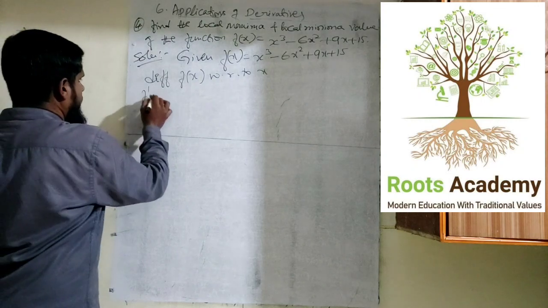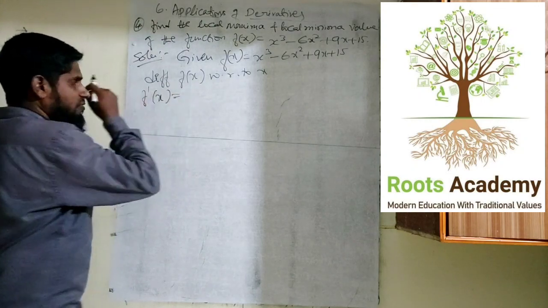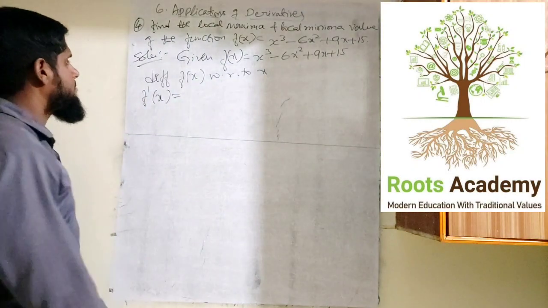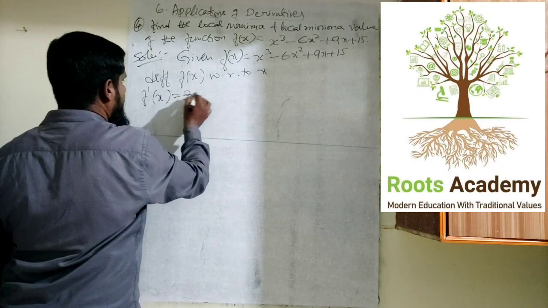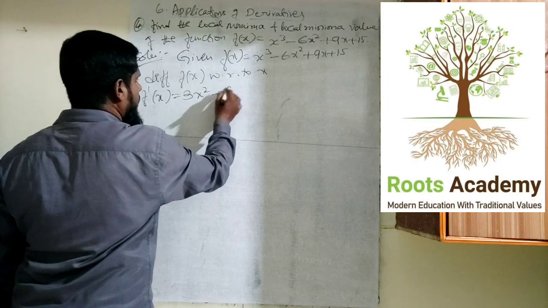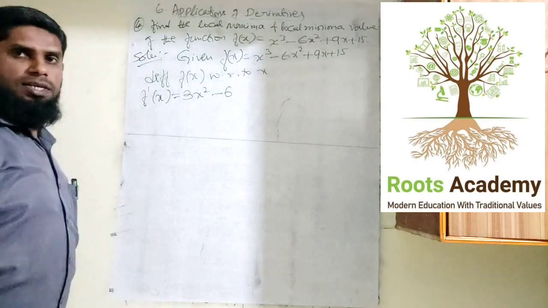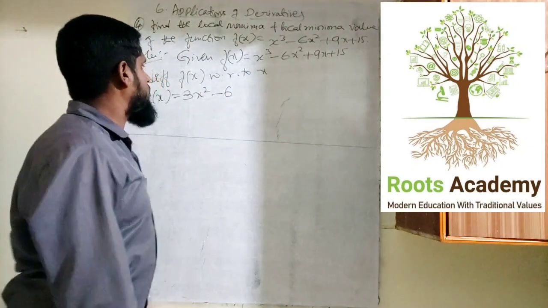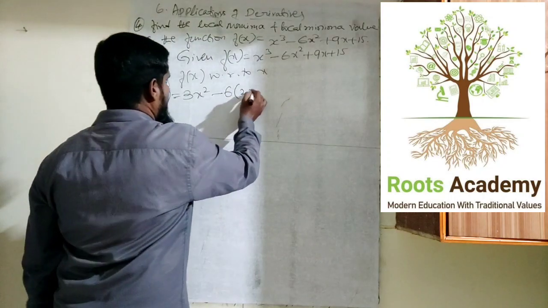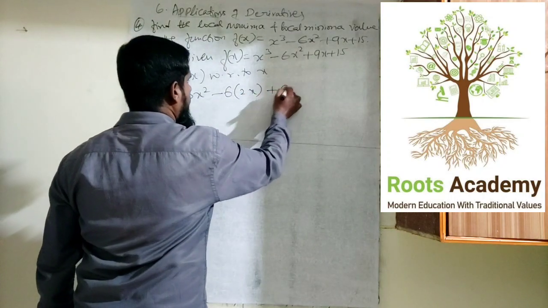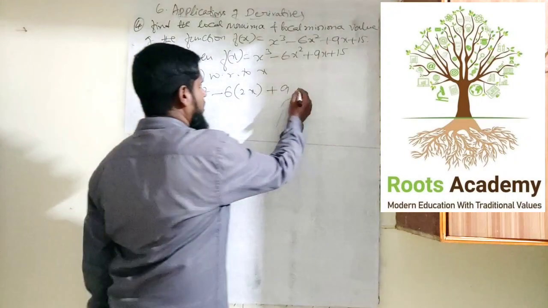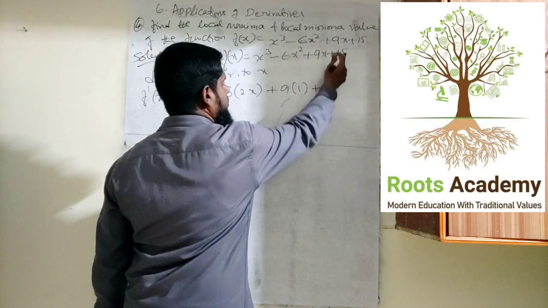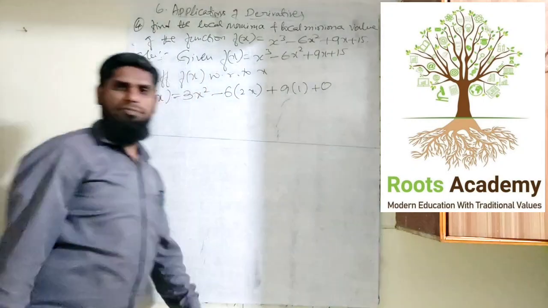So what do we get? f dash of x is equals to derivative of x cube is 3x square, minus 6 times derivative of x square is 2x, plus 9 as it is, derivative of x is 1, plus derivative of constant is 0.